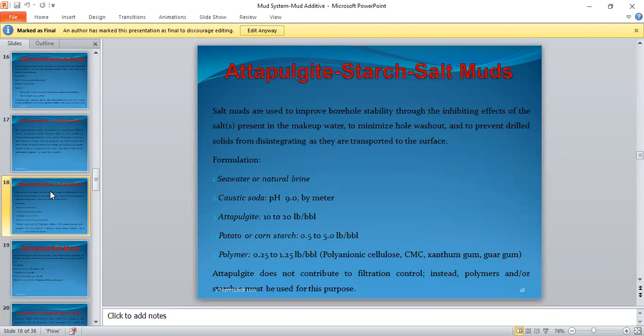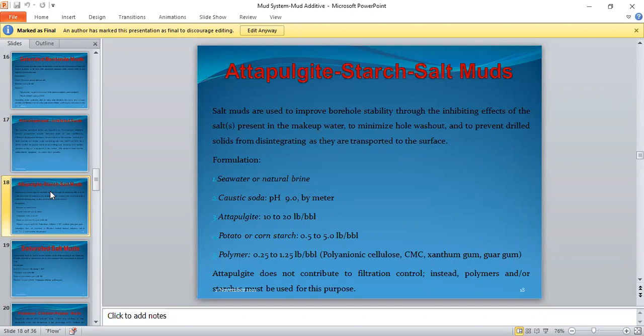The sodium bentonite is called montmorillonite. You can call it clay, you can call it bentonite, but we call it bentonite for the purpose of our study. Attapulgite will give you viscosity in salt water.